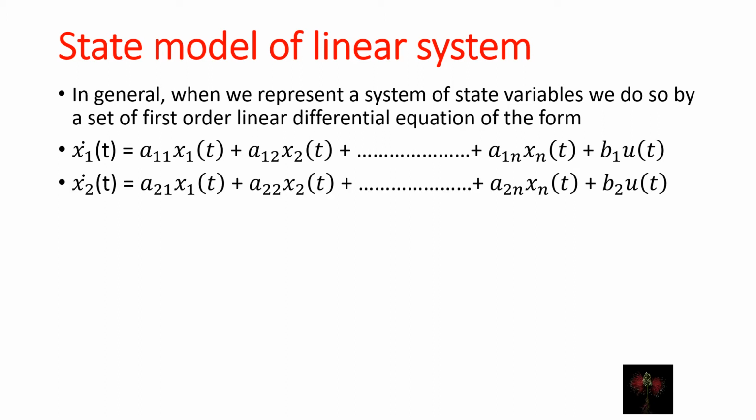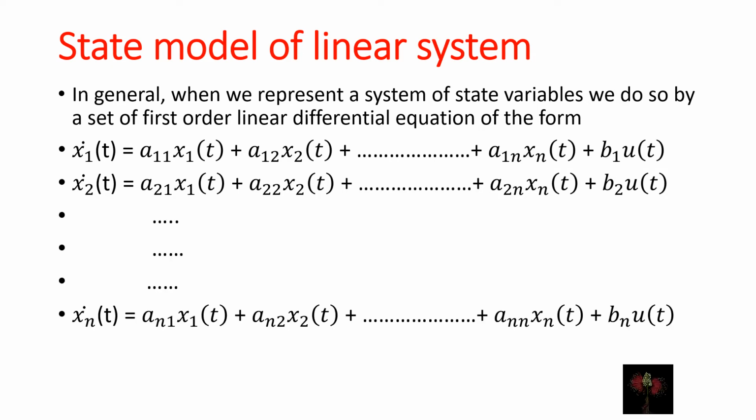Then x2 dot of t equals a21 x1 of t plus a22 x2 of t, and it goes on to a2n xn of t plus b2 u of t, and it goes on.